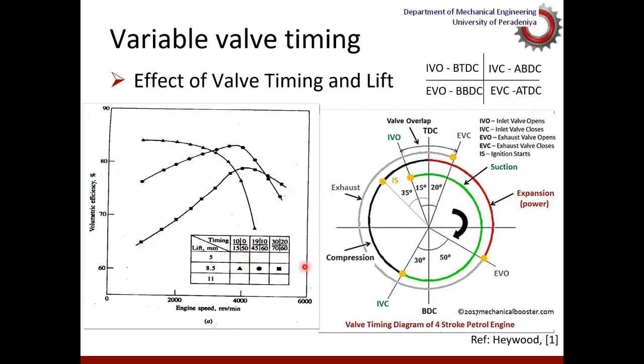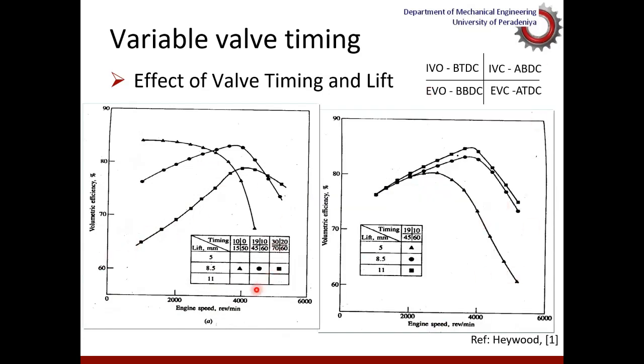But again, if you leave it open for a longer time after bottom dead center, then its performance in terms of volumetric efficiency at low speeds will be very low because of the backflow. Therefore, you can see the intake valve timing is always a compromise of the speed. The best timing that you want in low speed conditions is not the best timing at high speed conditions.